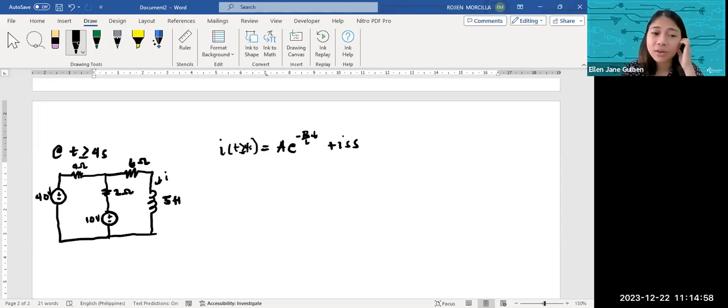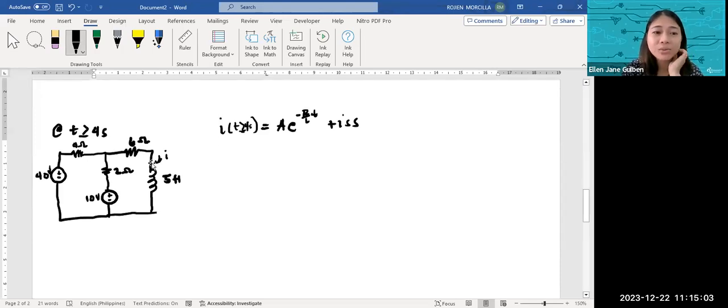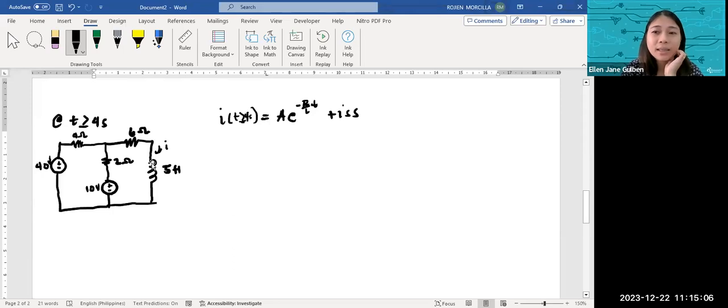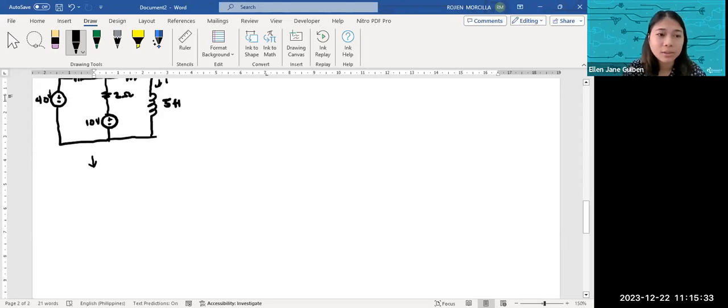Now we can do basic analysis to the current at the inductor, which will be the same current that flows in our 6 ohm. Let's redraw so you can see. So yeah, 40.